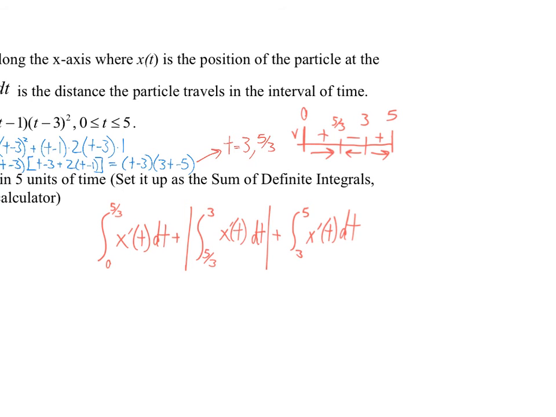Now, you'll notice here I'm still just writing x prime of t. And that's because I actually don't even need to use this velocity function that we found at this point, because what's the integral of x prime? x of t, okay?